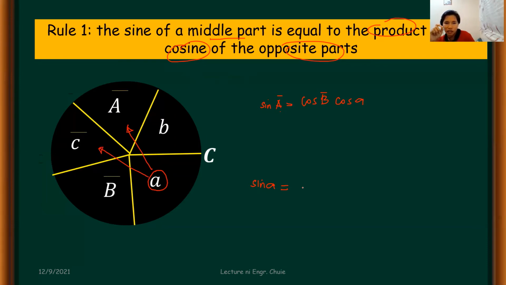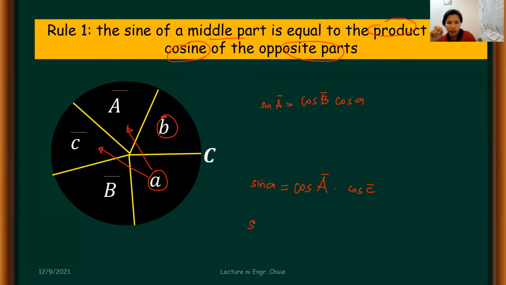So sine A is equal to cosine of A bar times cosine of C bar. Okay? Got it? Another: what if it is B that we need, or B is among the parts we need to find?